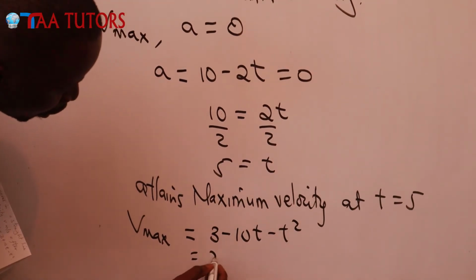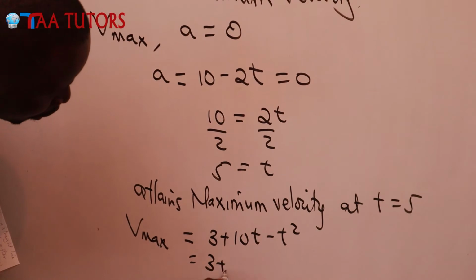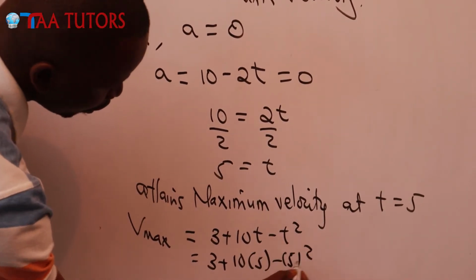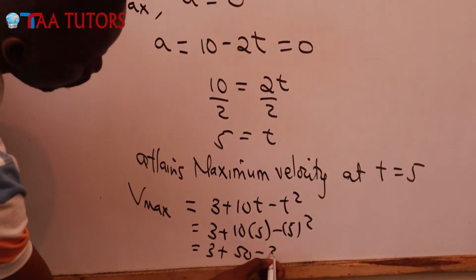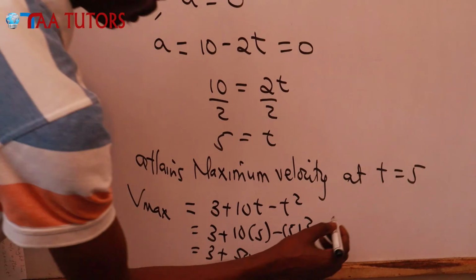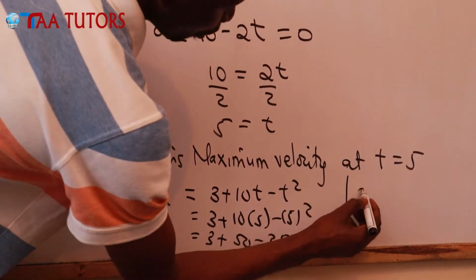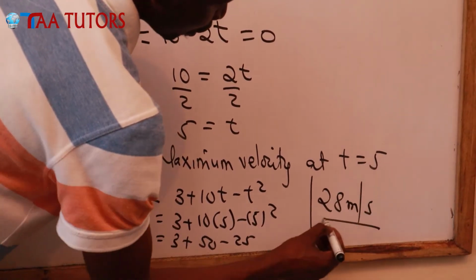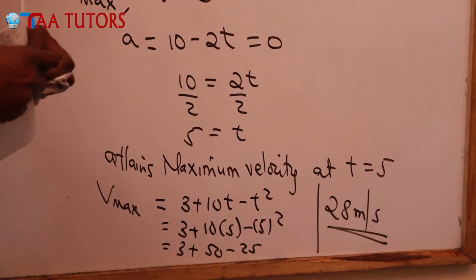So 3 plus 10 into 5 minus 5 squared. So this is 3 plus 50 minus 25. So we have 53 minus 25, that would be 28 meters per second. This is the maximum velocity that is attained by that particular object.